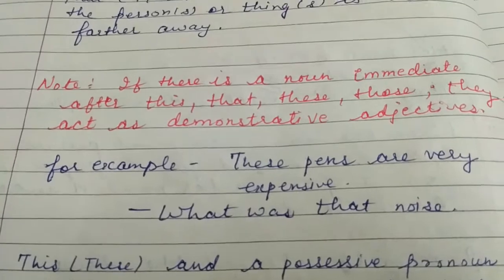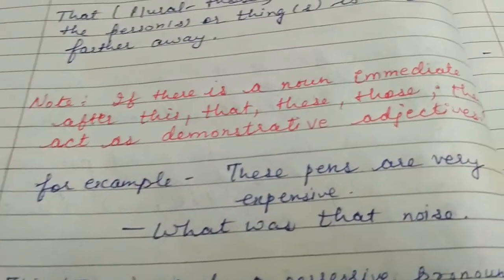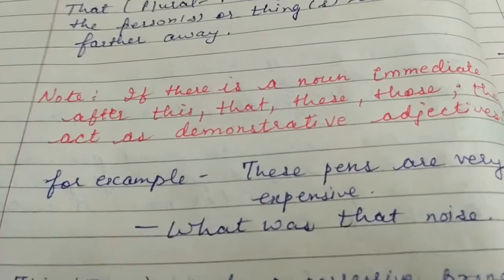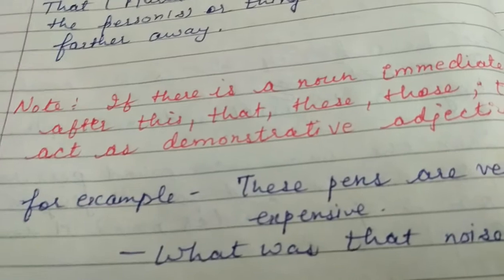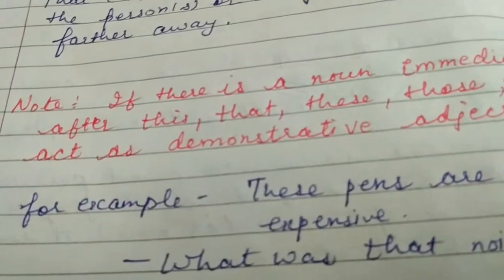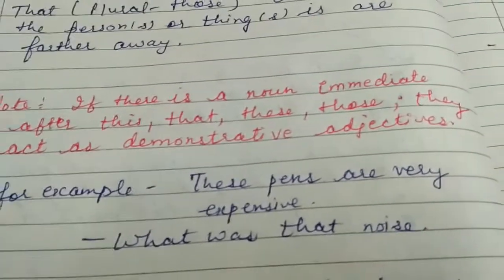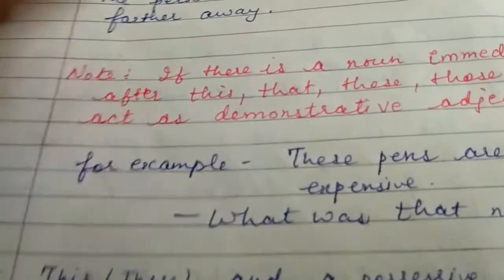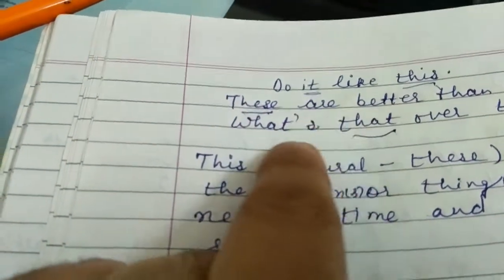Because there is not that much difference in adjectives and pronouns. If there is a noun immediately after this, that, these, those, they act as demonstrative adjectives. If you notice here, after these we have a helping verb.